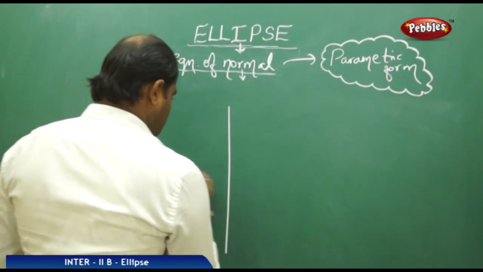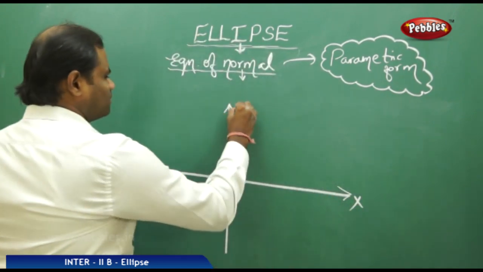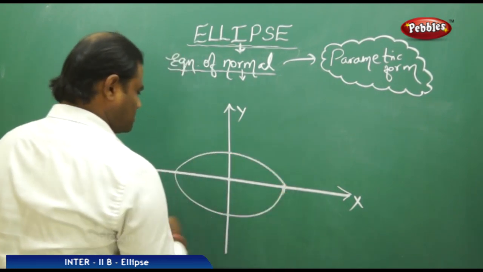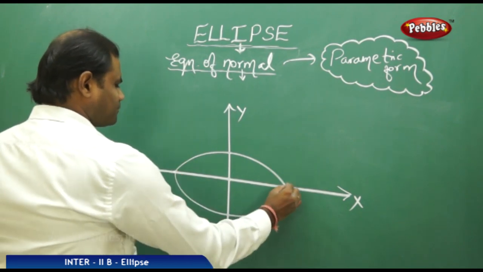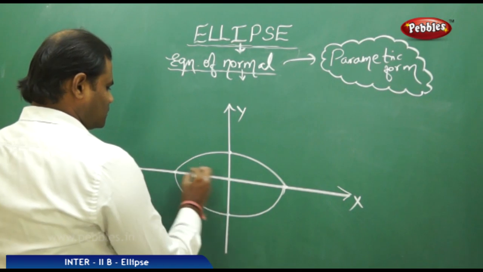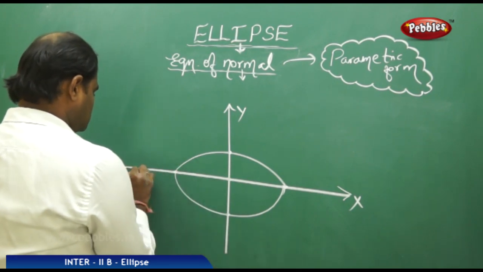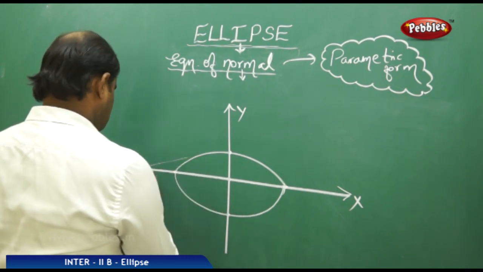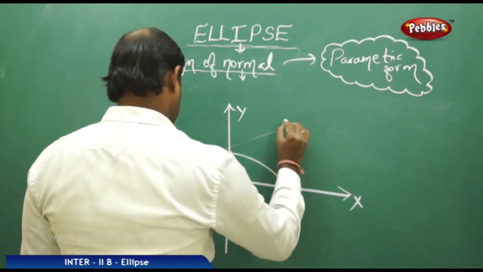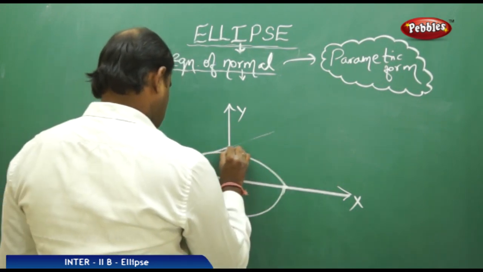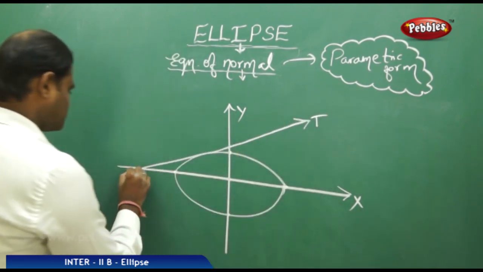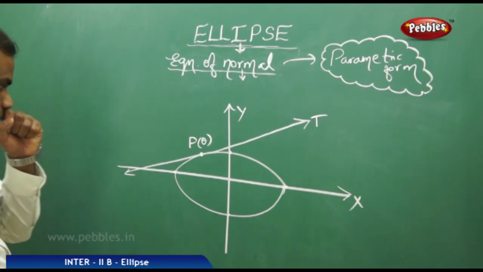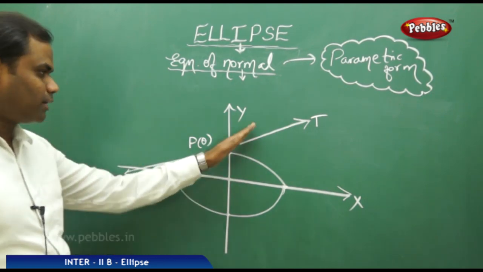So here is the ellipse in standard form. And I have, say, the tangent T at this parametric point P of theta. So here is the parametric point, which is the point of contact of the tangent with the ellipse.